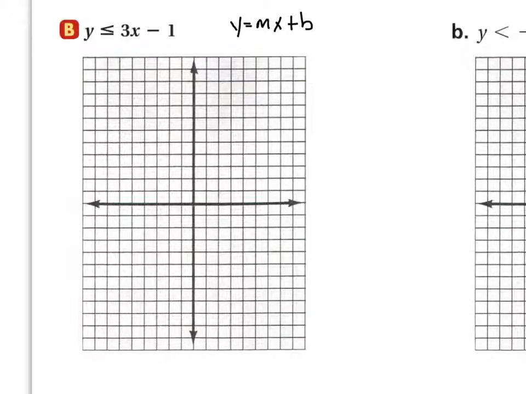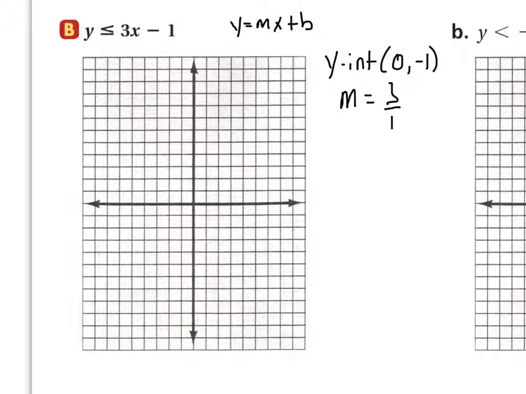We treat inequalities exactly as we do equations. So this is just like y equals mx plus b. So where's our y-intercept? The y-intercept is at (0, negative 1). What's our slope? 3, or 3 over 1.